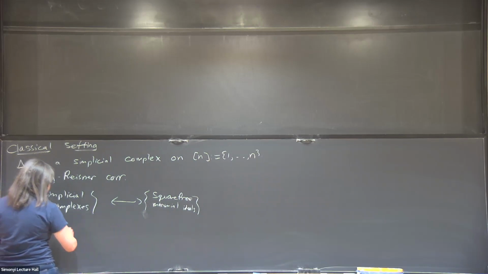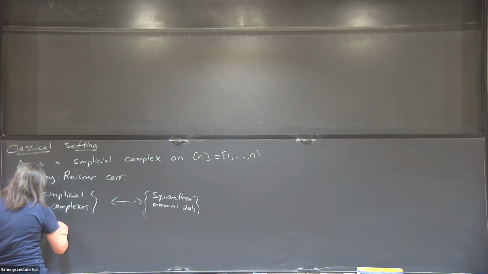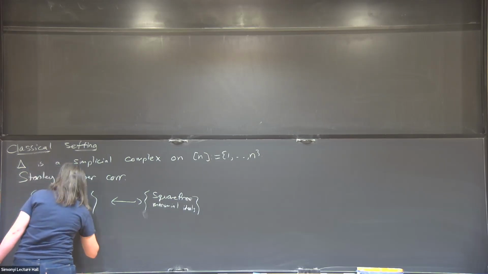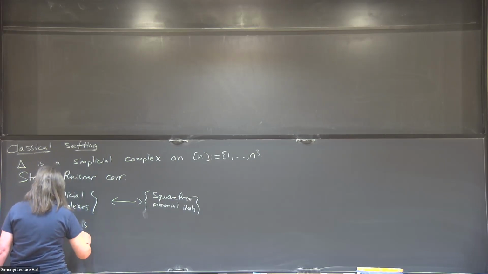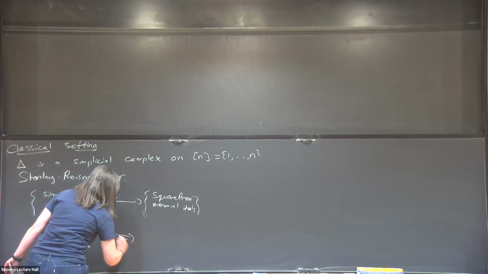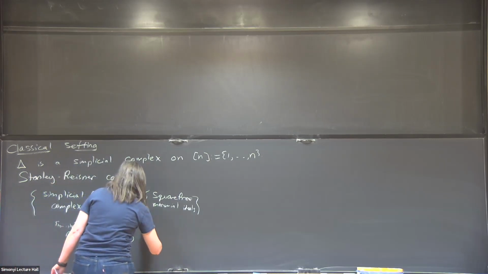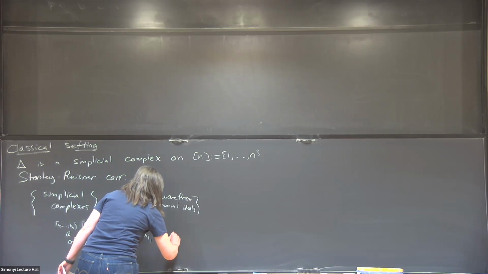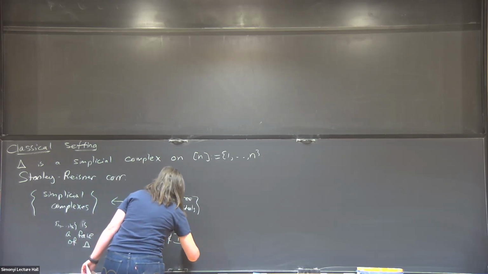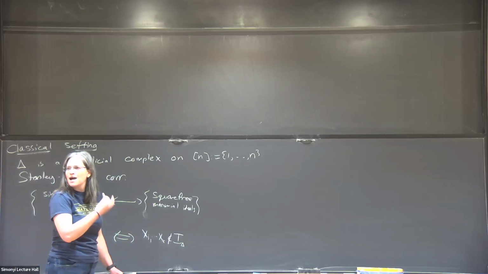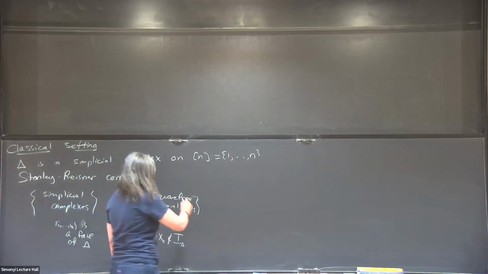And here's the rule. {i_1, ..., i_k} is a face of Δ if and only if x_{i_1} product up to x_{i_k} is not in the square-free monomial ideal corresponding to Δ, which we'll denote I_Δ. We'll do an example of this at the same time that we do an example of vertex decomposition.